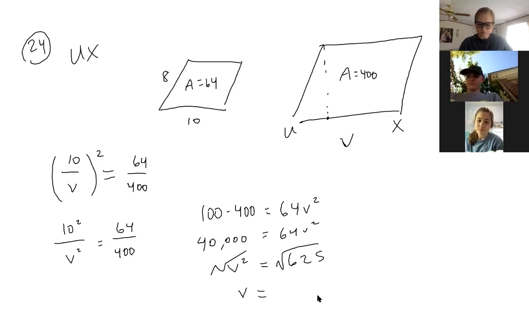What's the square root of 625? 25. So therefore, what is segment UX? The value of V, which is 25 millimeters.